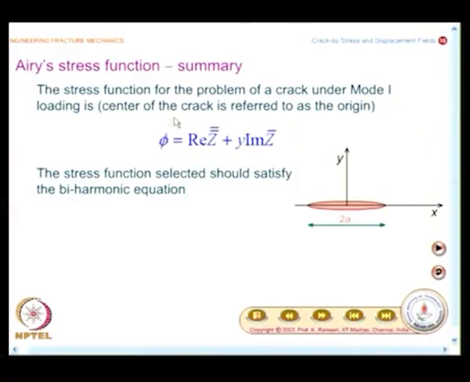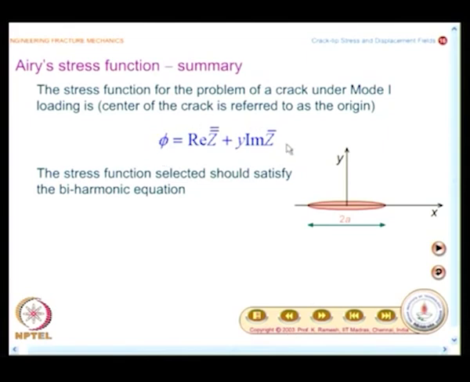Let us continue our discussion on crack tip stress and displacement fields. We had seen elaborately that in theory of elasticity, once the stress function is specified, the problem is completely solved.